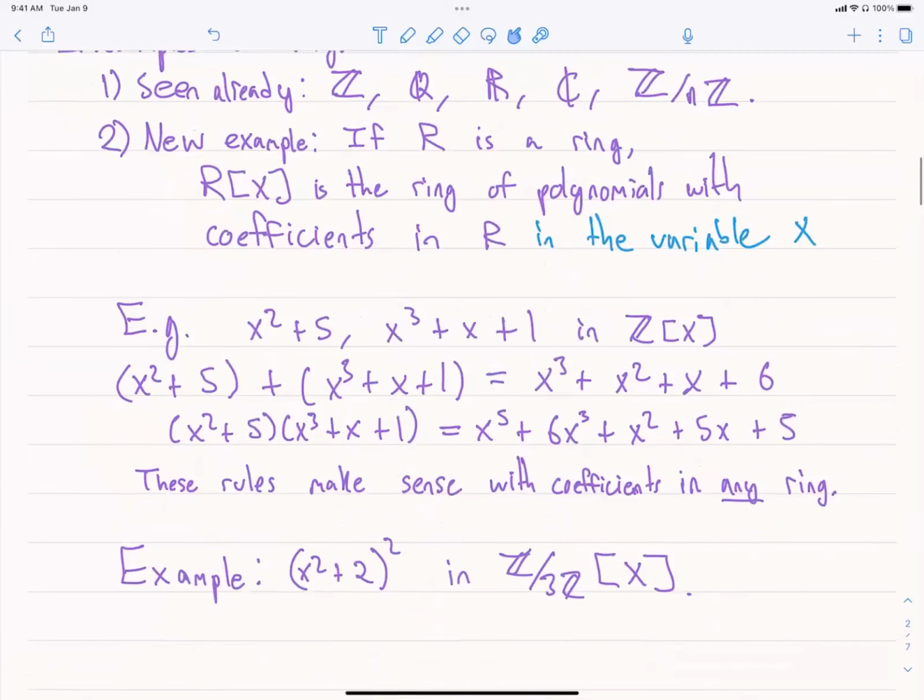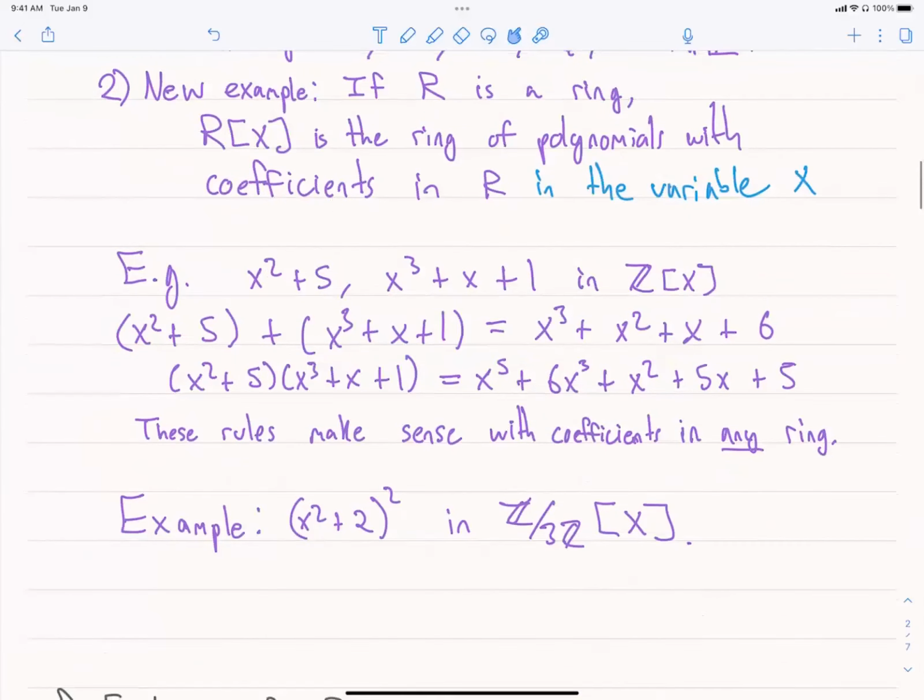Okay. So just as an example of doing this kind of computation, we could compute x squared plus 2 squared, where I think of the coefficients not as integers, but as being in Z mod 3Z. So it's just x squared plus 2 times x squared plus 2. I just FOIL that out.